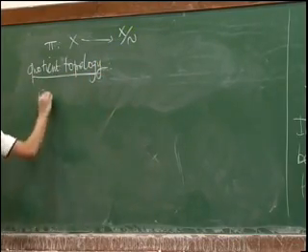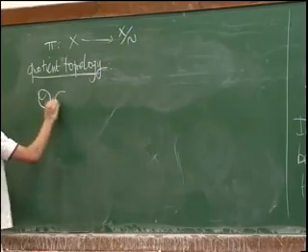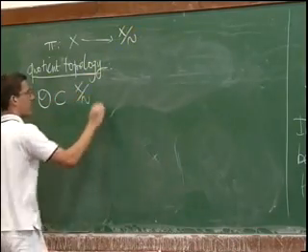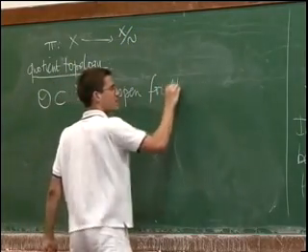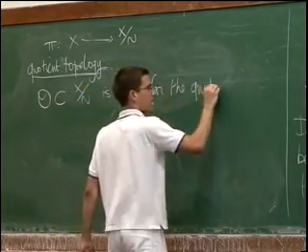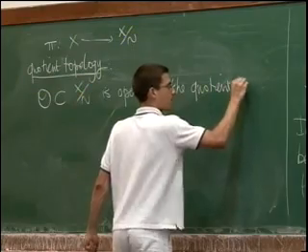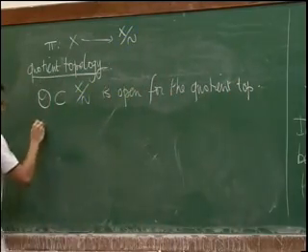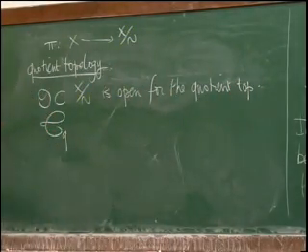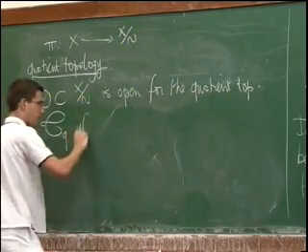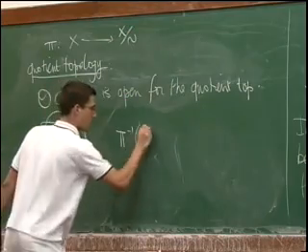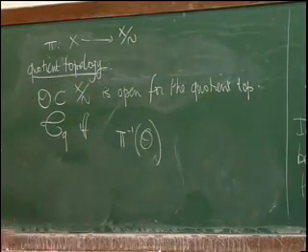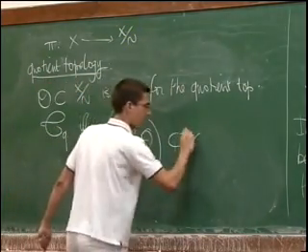is by definition: a set O included in this quotient set is open for the quotient topology, which I denote T_Q, if and only if you take its reciprocal image, this set in X is open.